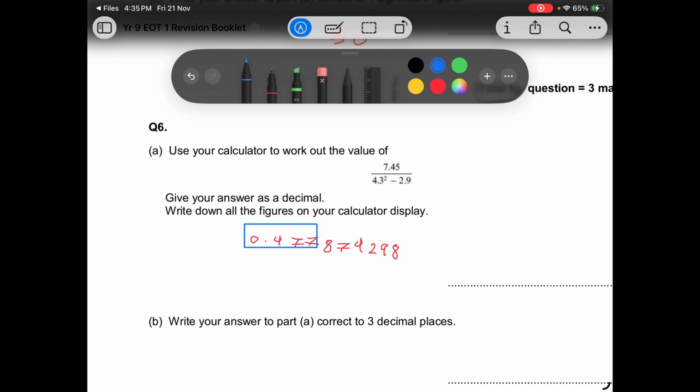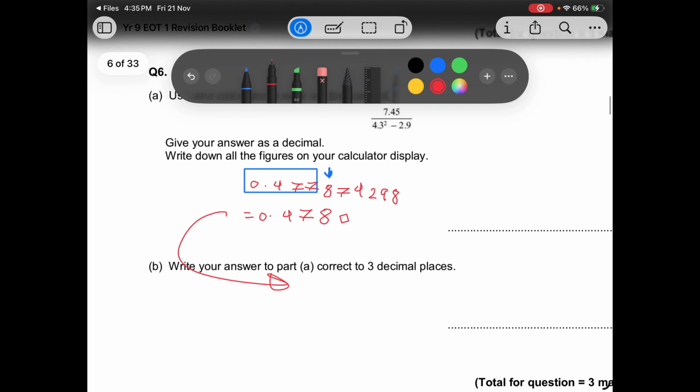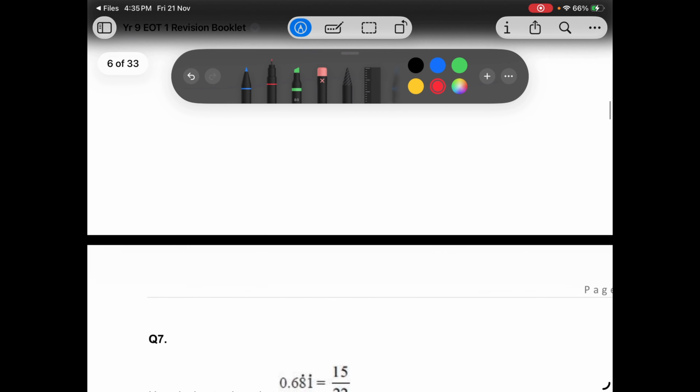Then guys, what we will do, we will observe this. You know, this is 5 and more. We will round up the previous decimal digit, okay? So it will be 0.478, and that's it. So this is part B, I think. Okay, to three decimal places we are done.